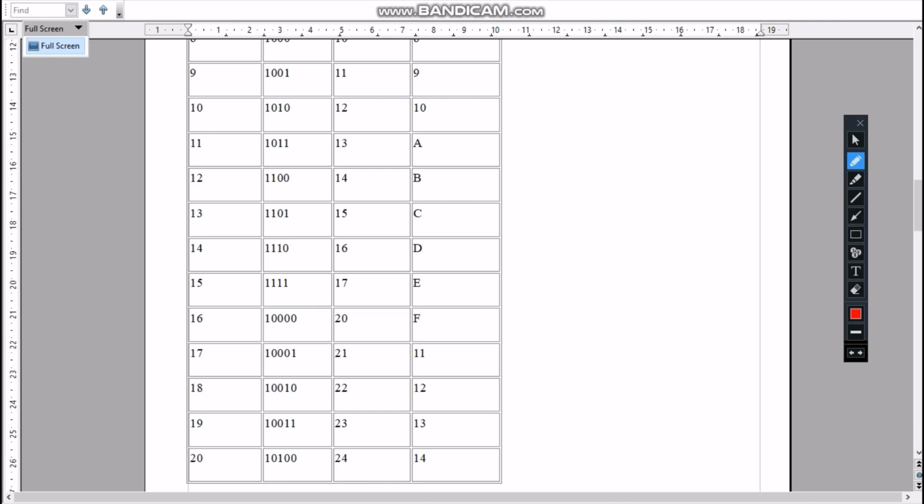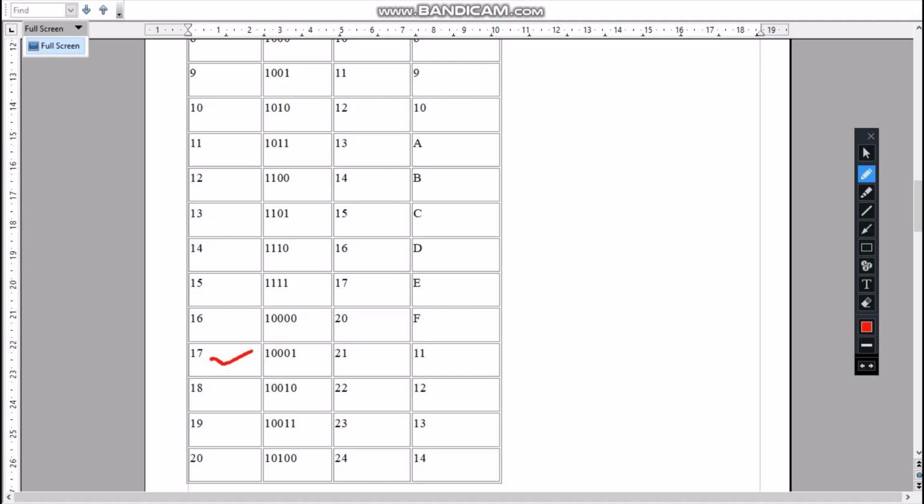Now in the same way, decimal number 11 has its binary equivalent as 1011, octal as 13 and in hexadecimal it is A. It is not 11 because in hexadecimal after 9 the next digit is A. Now in the same way, the decimal number 17 has its binary equivalent as 10001.